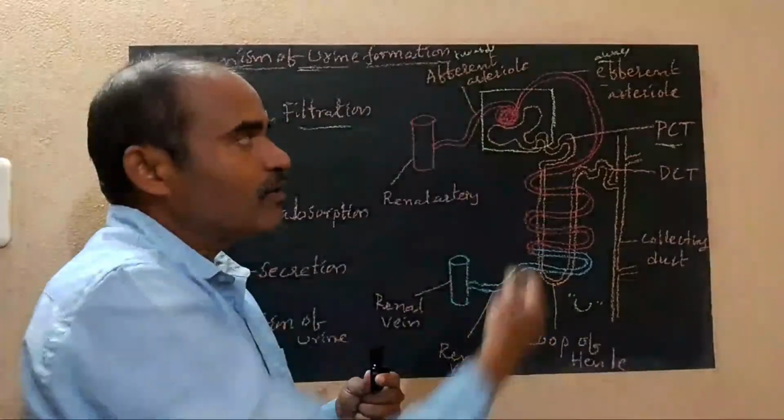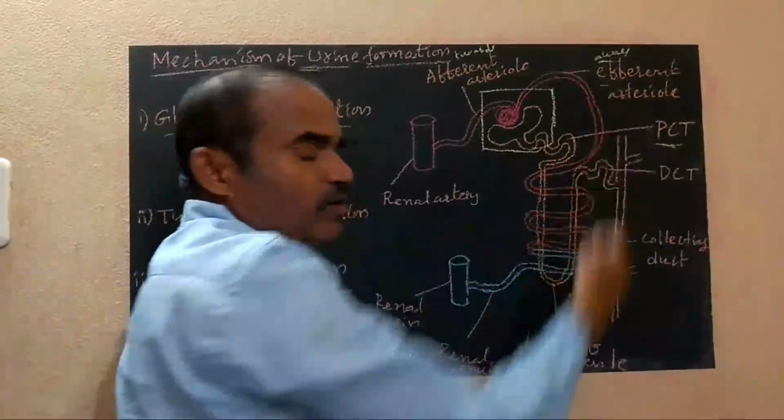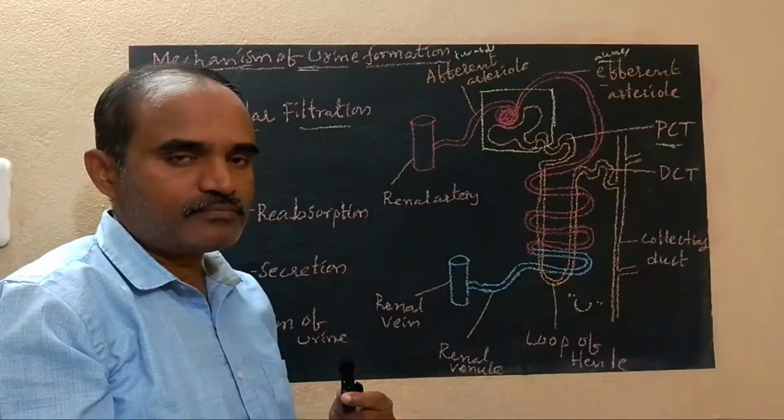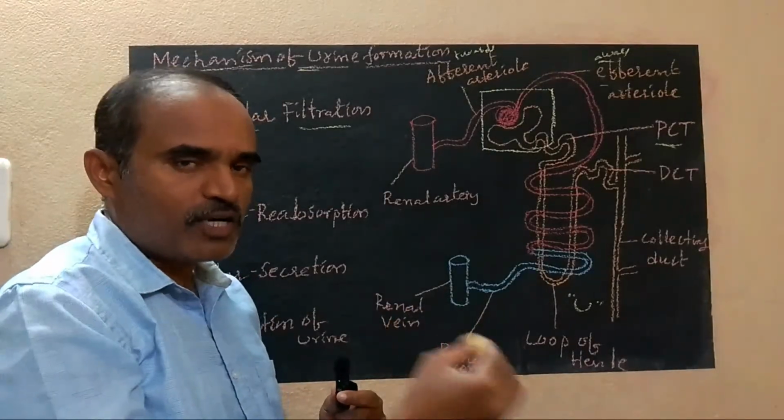The efferent arteriole is very small in diameter, and the renal tubule is surrounded by it.